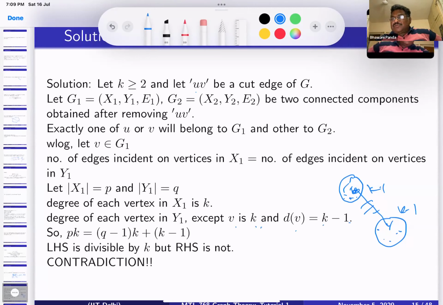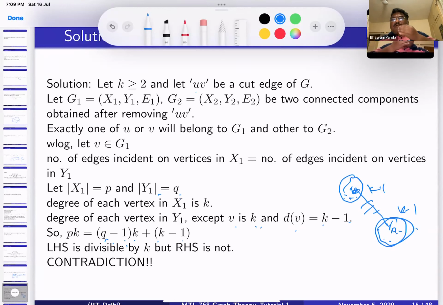So the total number of degrees here is Q minus 1 into K plus K minus 1, and X1 has P vertices.